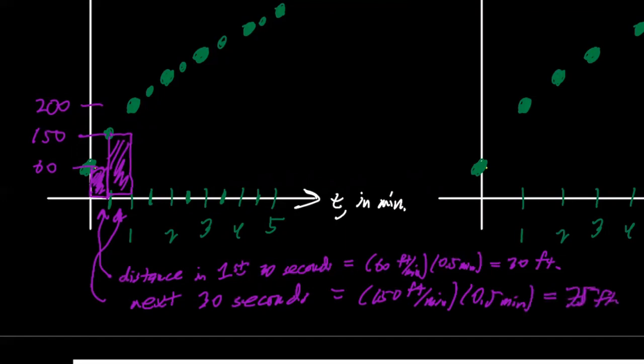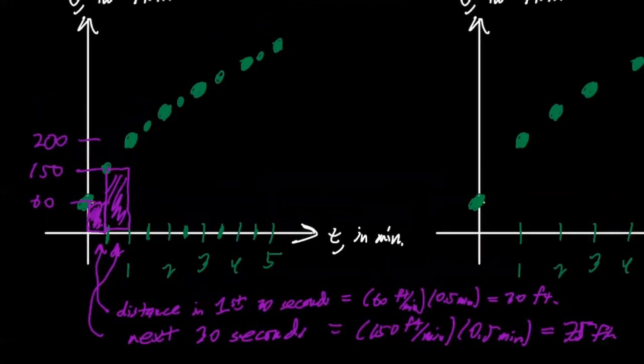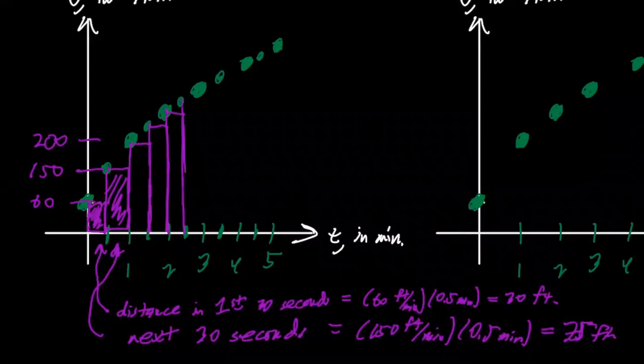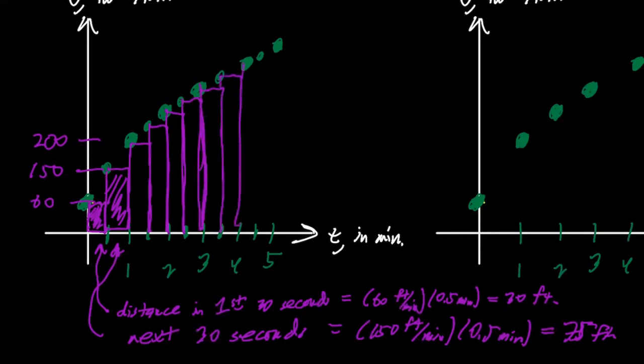Then you would just keep going. This is few enough that I can draw them all. How many rectangles are we going to get? You should be able to say.